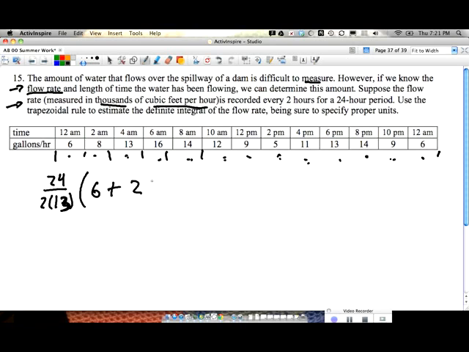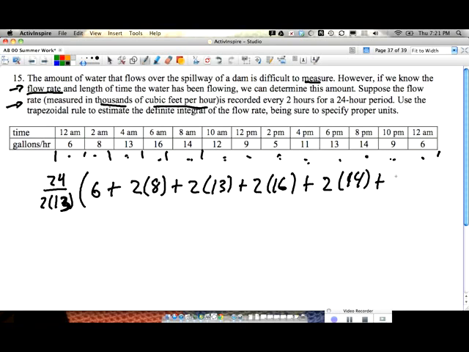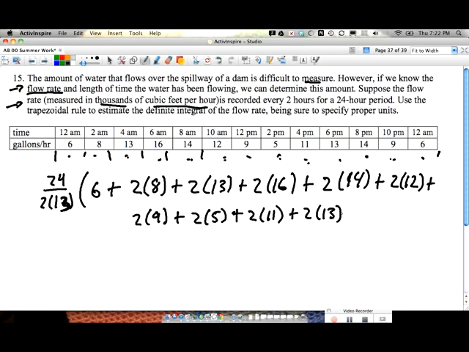Now we've got to add up these numbers. So we got 6 plus, now remember the middle ones get doubled. So 2 times 8 plus 2 times 13 plus 2 times 16 plus 2 times 14 plus 2 times 12 plus 2 times 9 plus 2 times 5 plus 2 times 11 plus 2 times 13 plus 2 times 14 plus 2 times 9, and then the last part is just plus 6.